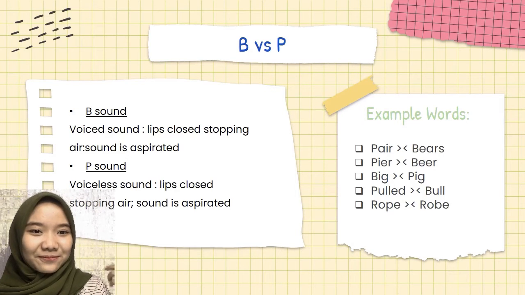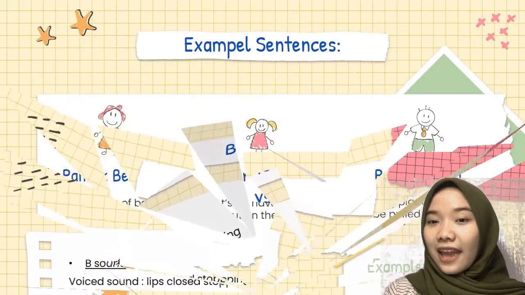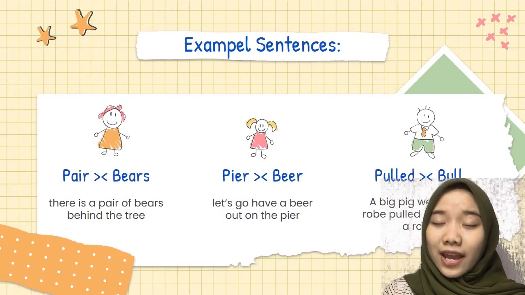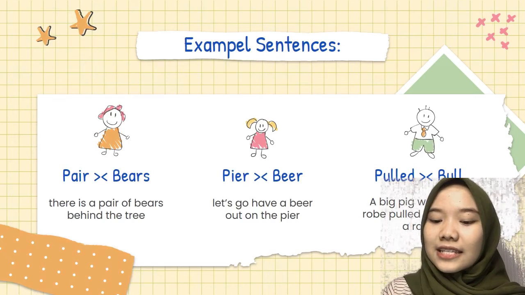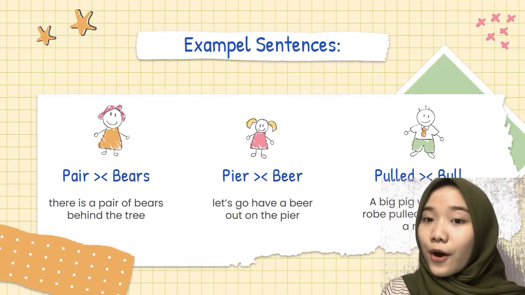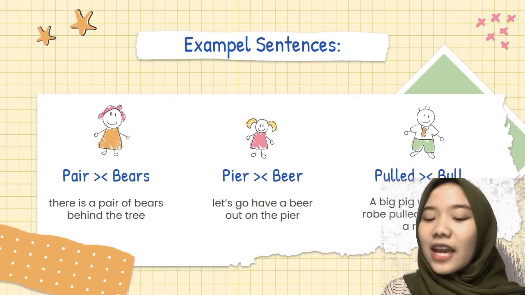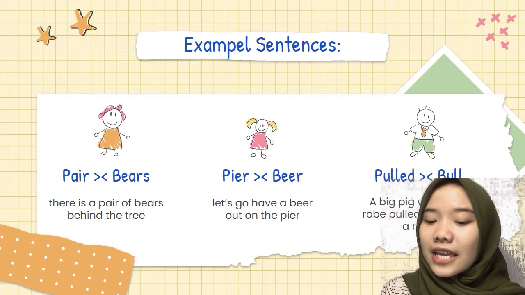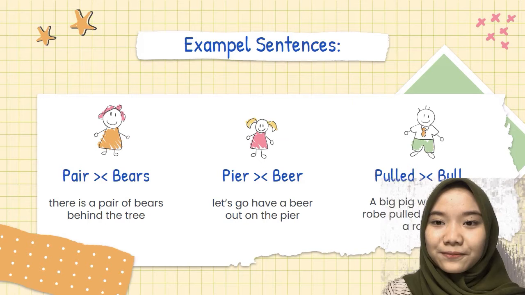Let's try again, okay? Next we will try practice sentences. One is, there is a pair of bears behind the tree. Okay, repeat again. There is a pair of bears behind the tree.